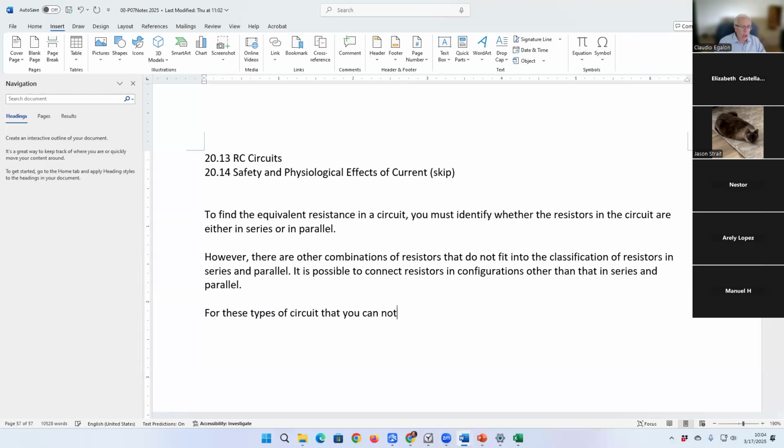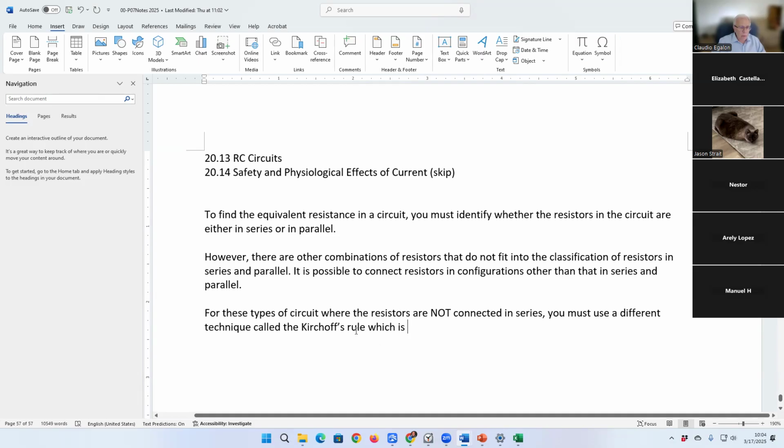For this type of circuit, where the resistors are not connected in series or parallel, you must use a different technique called the Kirchhoff rule, which is far more powerful.